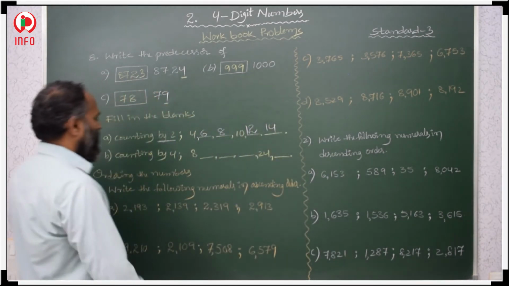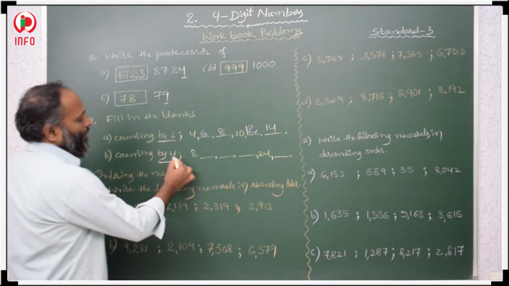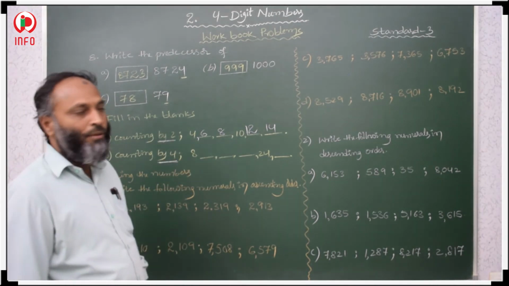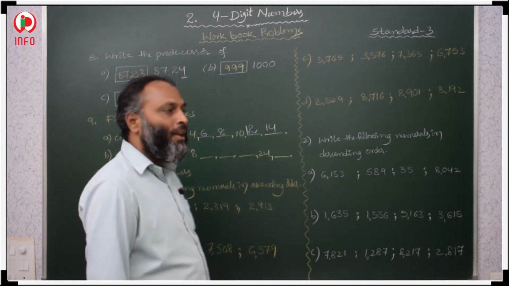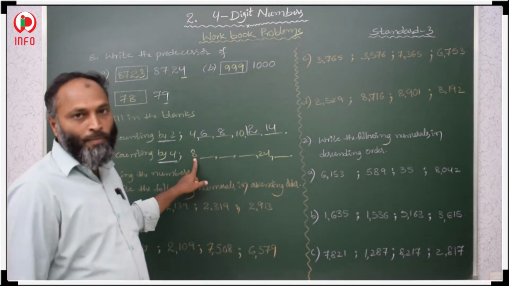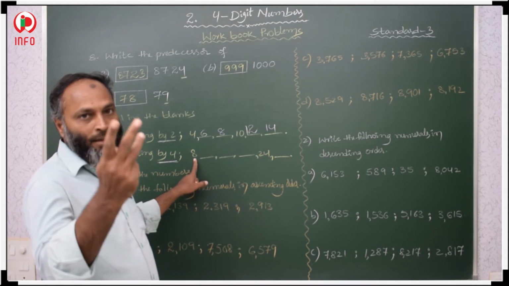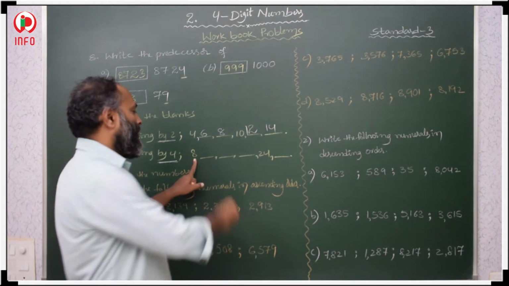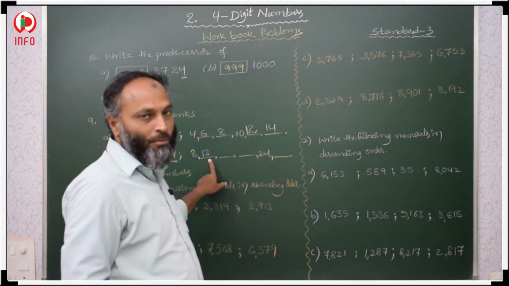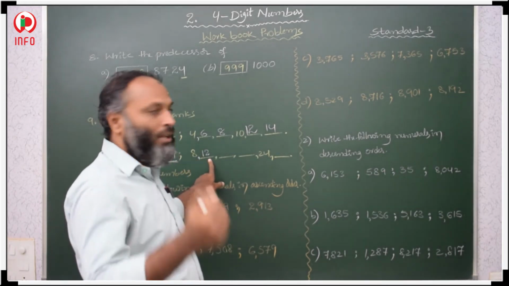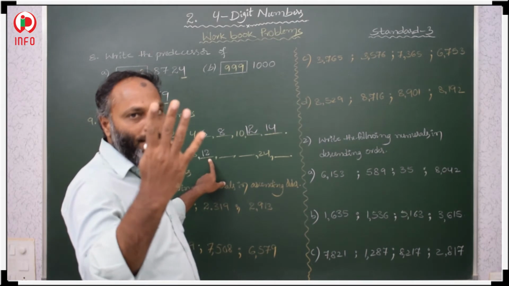And the next, counting by 4. So what do we have to do? We have to increase by 4, 4, 4 and fill the given blanks. 8, 12. Counting by 4, the next number is 12. Then after 12, counting by 4 means we have to increase 4. 16.